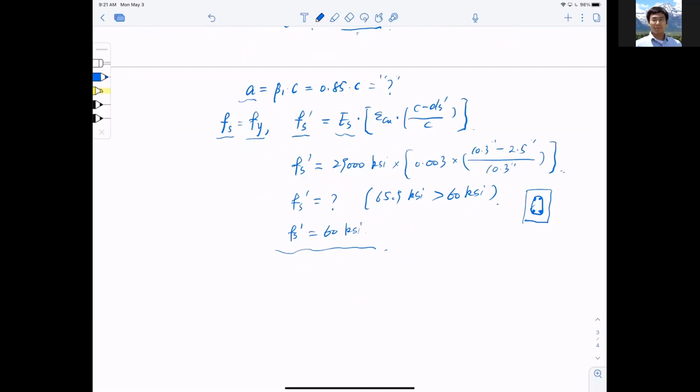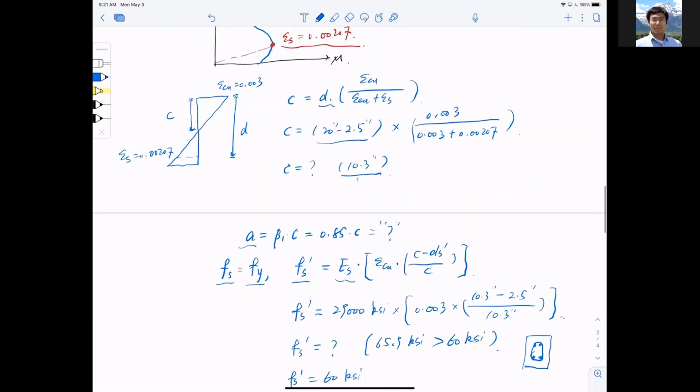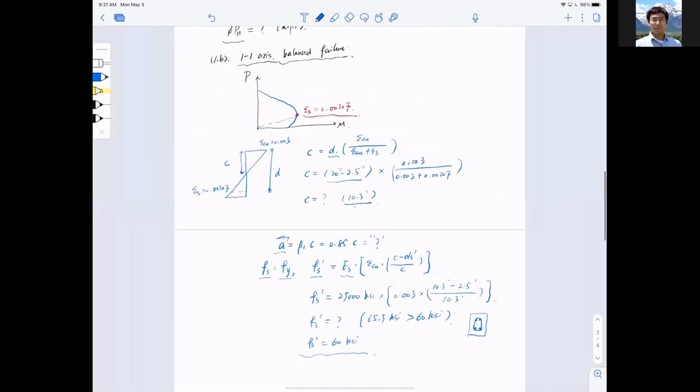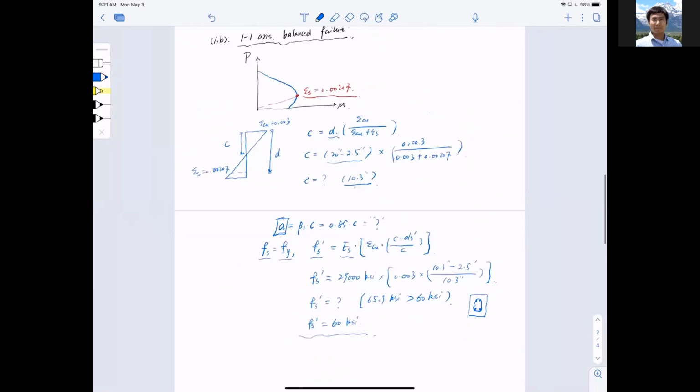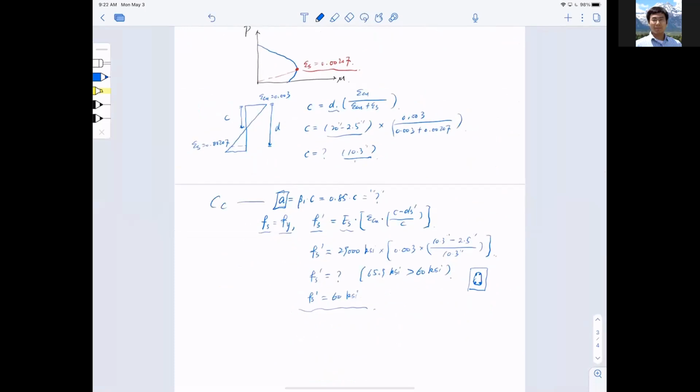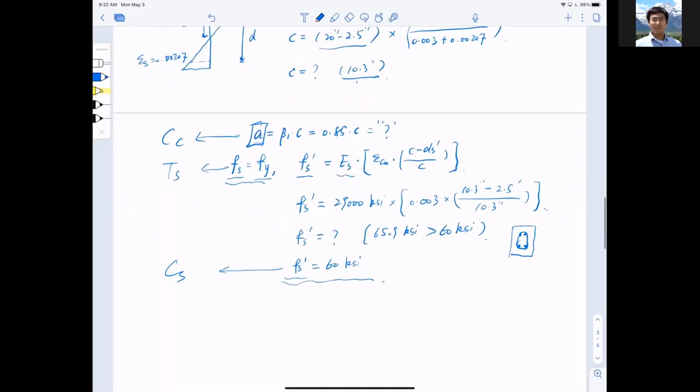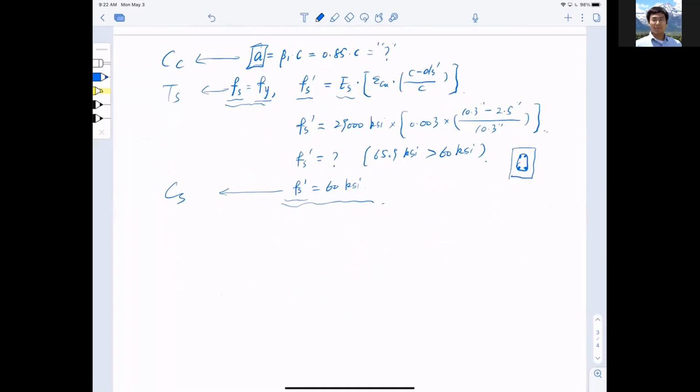Okay, now at this point we should have several things. We have the effective compressive zone a, meaning we can get the compression force for concrete, Cc. Now we have fs equal to fy, meaning we can get the tension force from the steel. And now we also have fs prime, which is compressive stress, meaning we can get Cs, which is the compression force from the reinforcement as well.